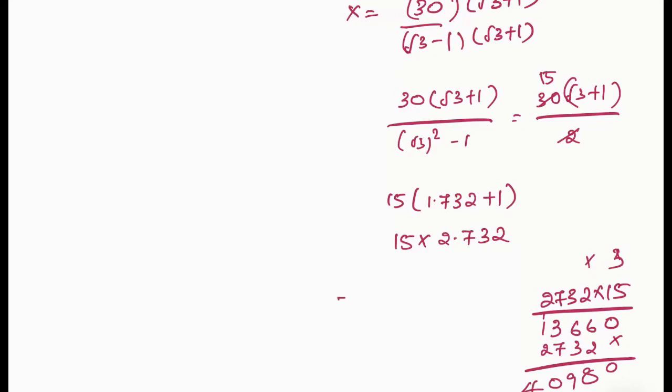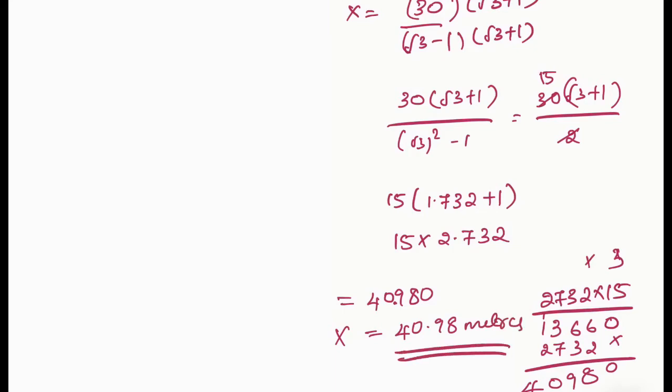So you get the answer as 40980. Just check here, after the decimal, how many numbers do we have? 1, 2, 3. So you get the answer as x equal to 40.98 meters. Hope it's clear to you all.